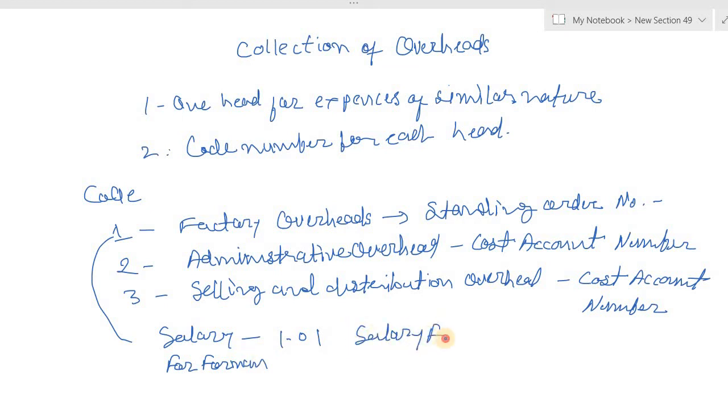Salary for manager, and code must be 1.02. This is subhead under the main head, factory overhead.